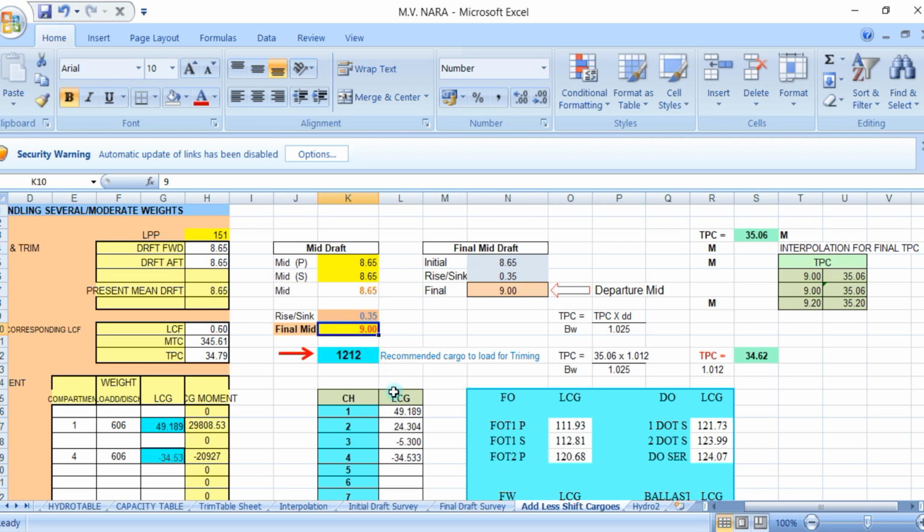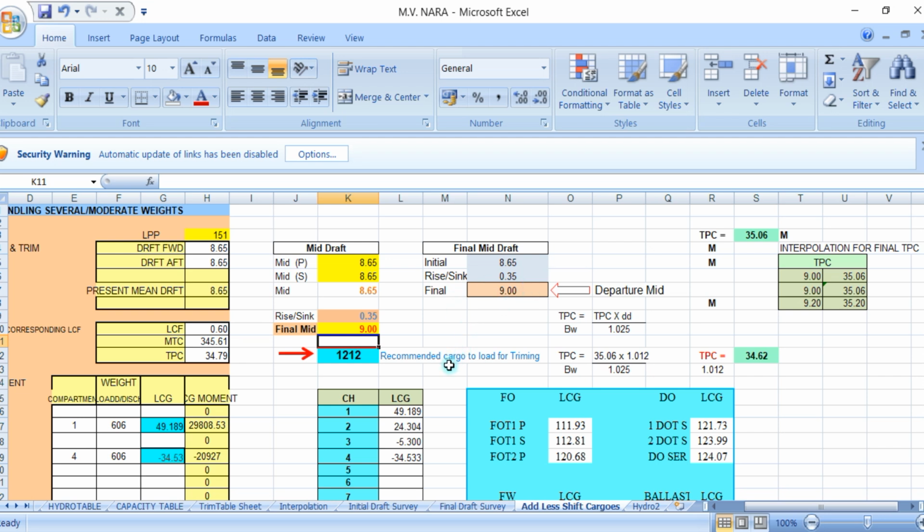So we put 9 meters, and yes, a sinkage of 0.35 meters. So the initial draft is 8.65 plus the sinkage, and this should be his departure.